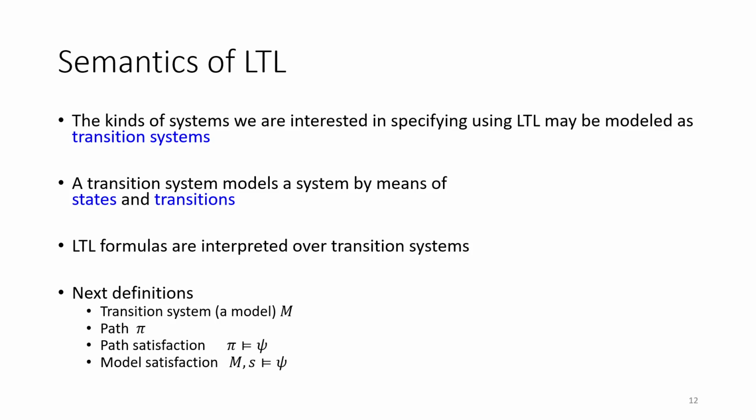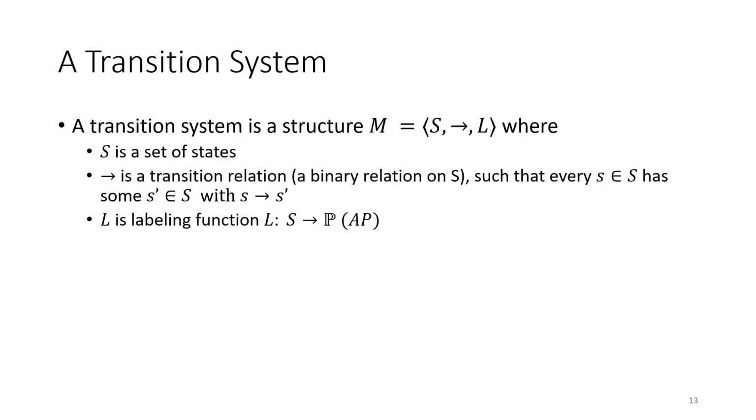So we will now look at a bit more mathematical details of how we're going to interpret LTL formulas over states and transitions, because for that we need to look at those computations or those paths. We need to write down what they are, and we need to make a bit more explicit the structure of our transition systems. So a transition system has a set of states, then a set of transitions, and a set of labels.